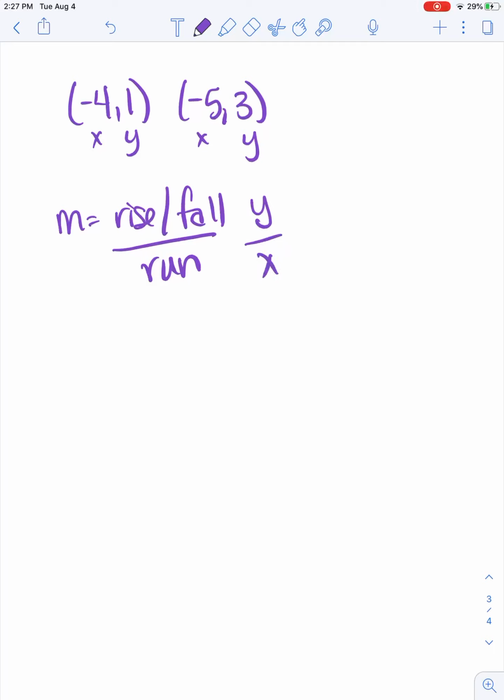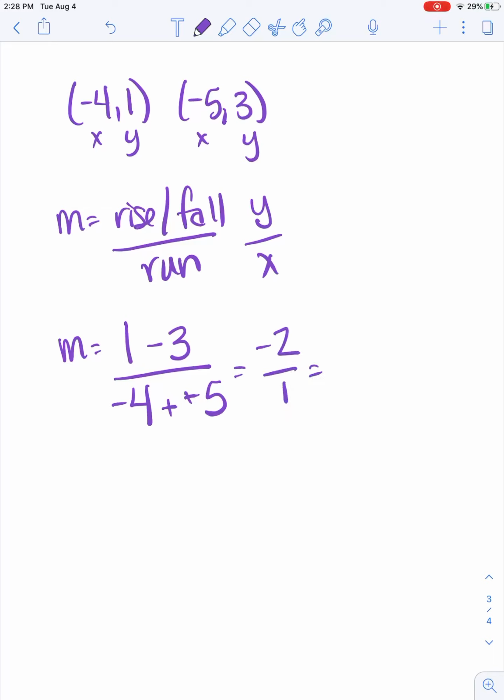And so these are my y's and these are my x's. The rise and the fall are your y's and the run is your x's. So when I find my slope, I'm going to do y minus y over x minus x. And that's going to give me -2 over 1, which is -2.